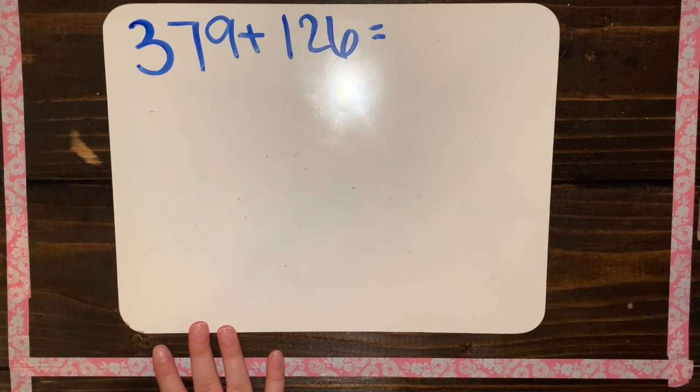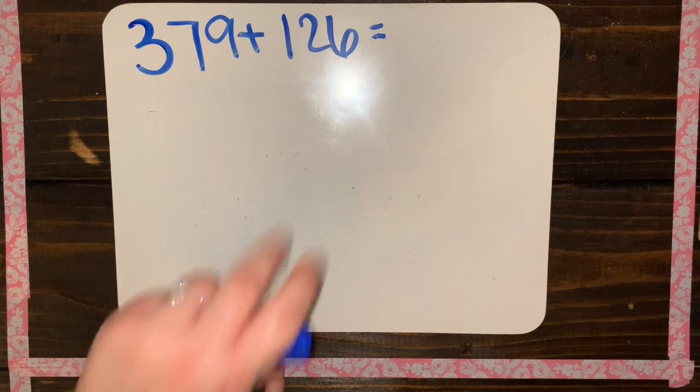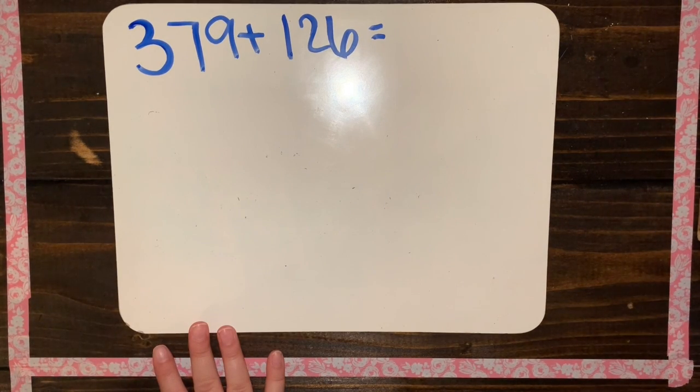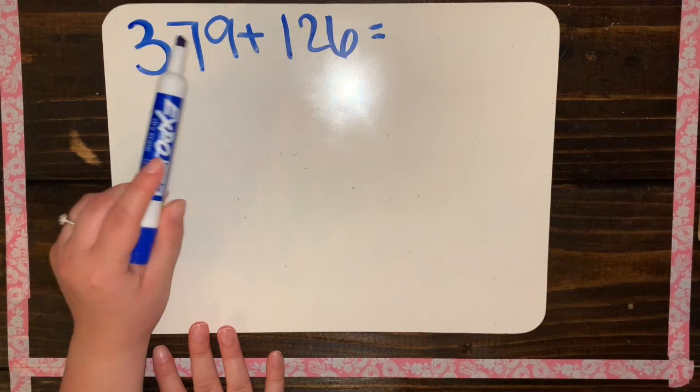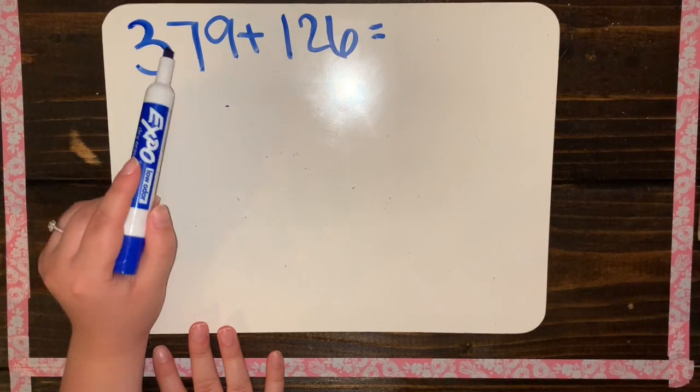I am going to solve this 2 different ways. The first way is with my base 10 blocks. So to use my base 10 blocks, I need to know my place value. I'm going to represent this number first.